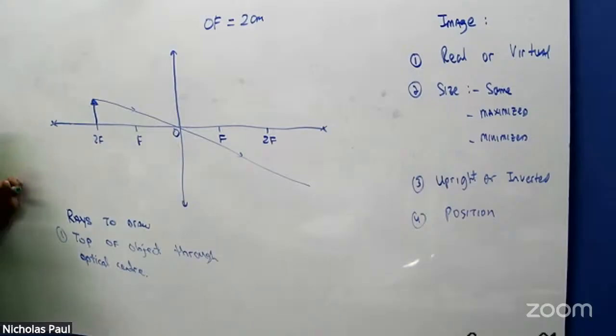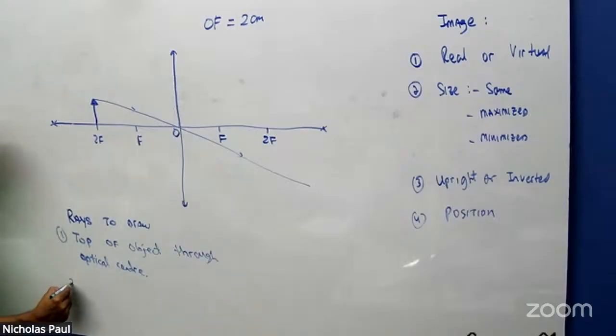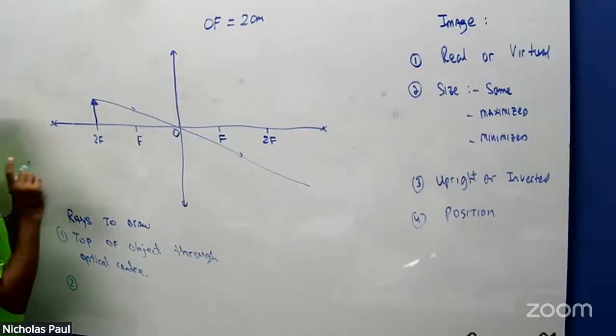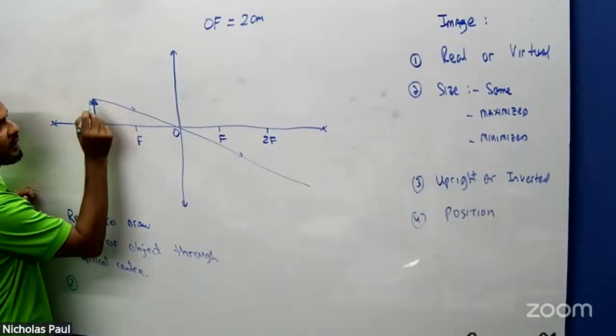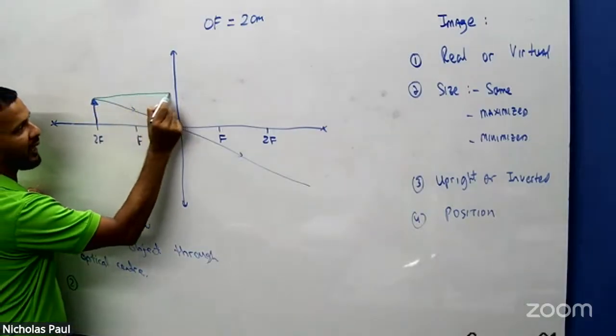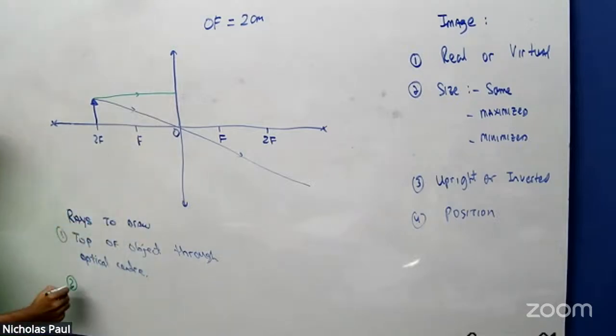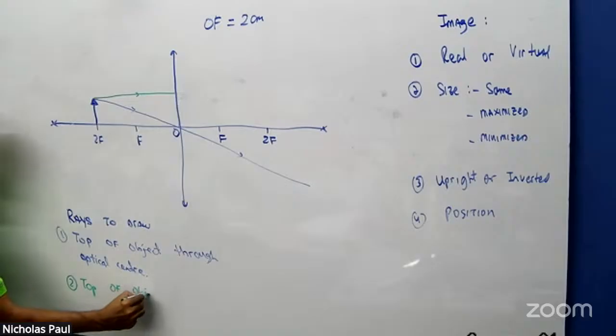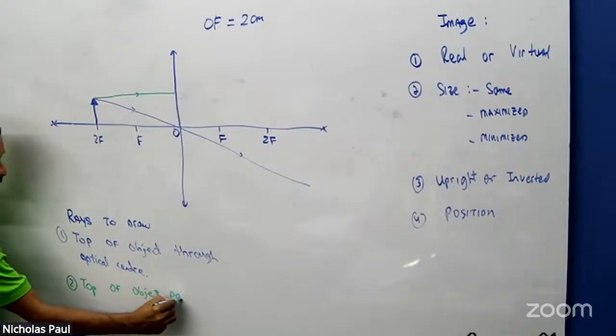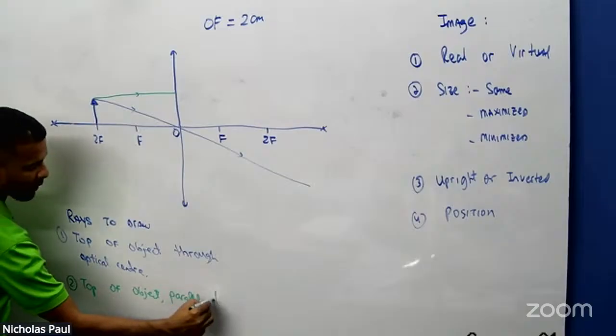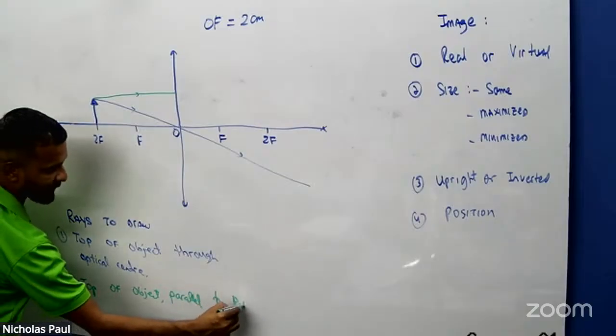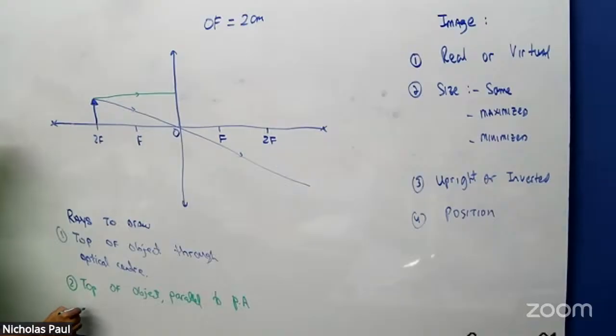Right, next. Ray 2. Second ray. You draw a ray from the top of the object parallel to the principal axis, I call it PA, until it meets the lens.